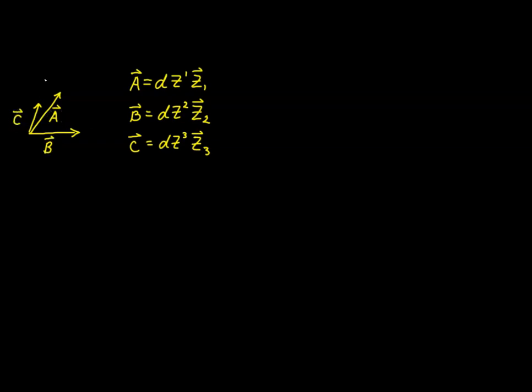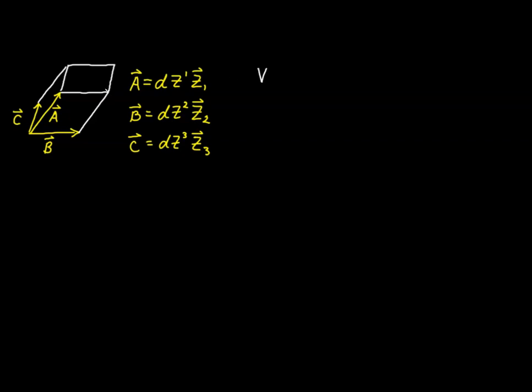Alright, now let's draw some lines parallel to each of these vectors to complete the figure and form a parallelepiped. Now you'll probably remember we did this back in video 52, and when we did, we discovered that the volume of this parallelepiped could be represented this way.